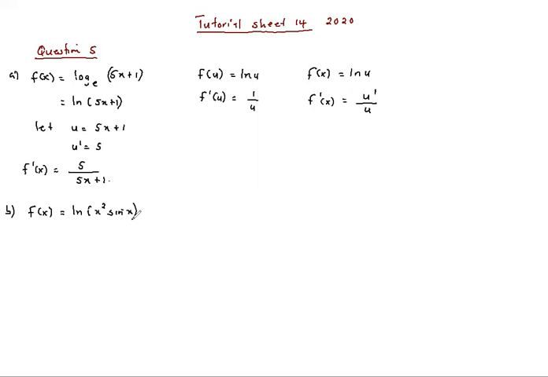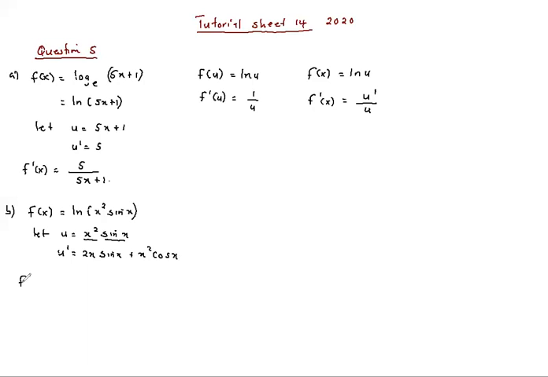It's now a direct ln where we just let u be x squared sine x. Then we use the product rule to differentiate x squared sine x, where the derivative of u is the derivative of x squared, which is 2x, multiplied by sine x, plus x squared times the derivative of sine x, which is cos x.